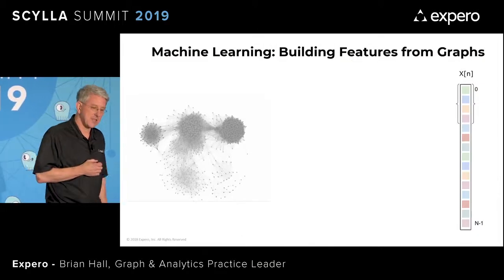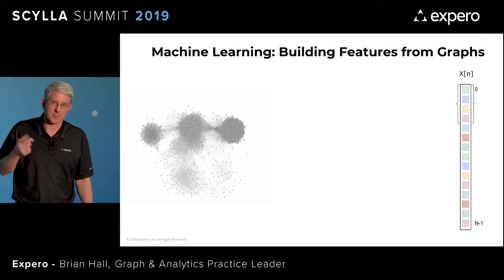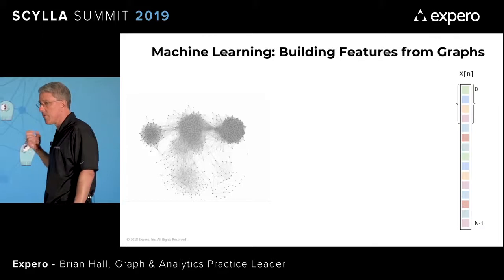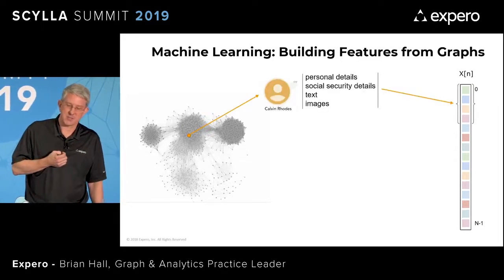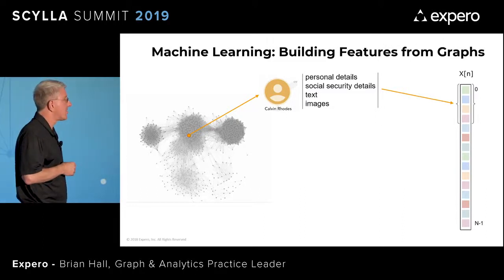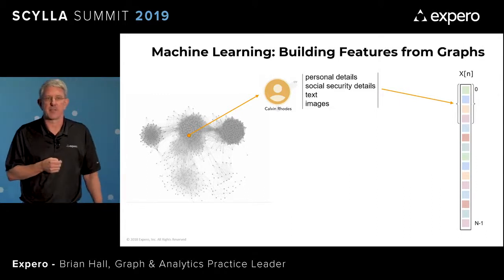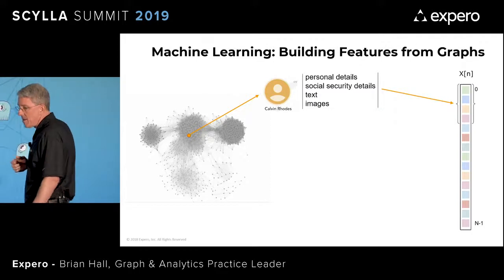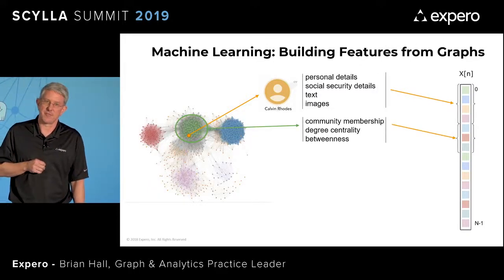One of the other things that you see in a lot of marketing right now is that graphs are very useful in conjunction with machine learning, because typically you see normal machine learning algorithms where I'll have some sort of feature vector that I can get normally from my flattened data set, but I can begin to decorate it with other attributes of my graph.